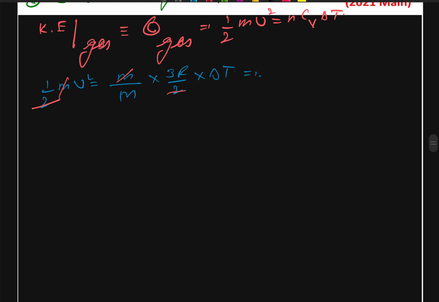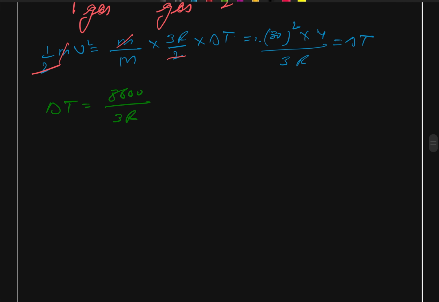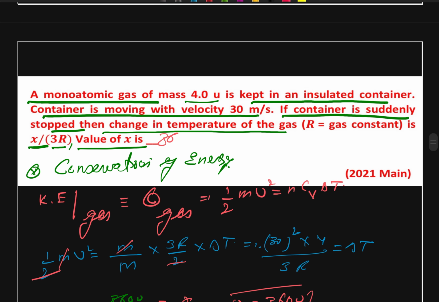So that will be 30 whole square multiplied by 4 and divided by 3R is equal to delta T. So we get that our delta T will be equal to 3600 divided by 3R, and it is given as equal to x upon 3R, which gives us that the value of x will be equal to 3600. So the value of x is 3600.